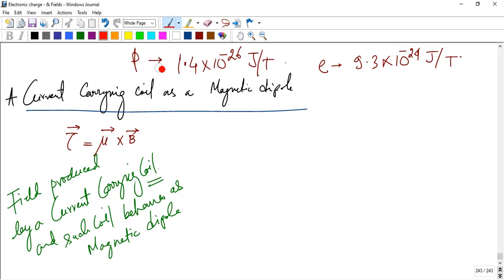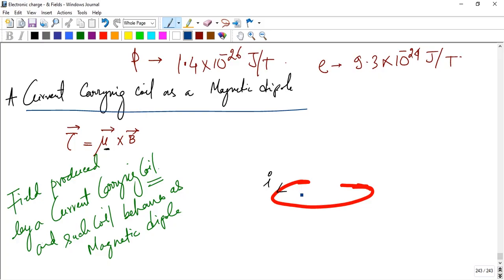So from this understanding, there is a coil, and there is a current direction. We know that for the magnetic moment and current, we apply the right hand thumb rule. With the help of the right hand thumb rule, we define the direction of mu, the magnetic dipole moment. The thumb represents mu, and the curl of the fingers represents current.